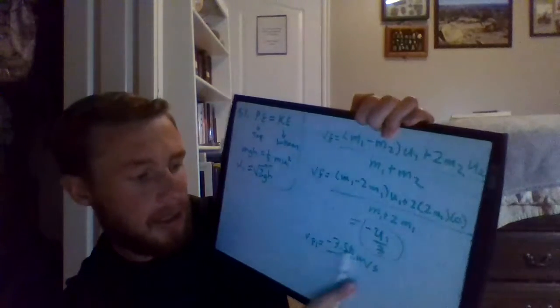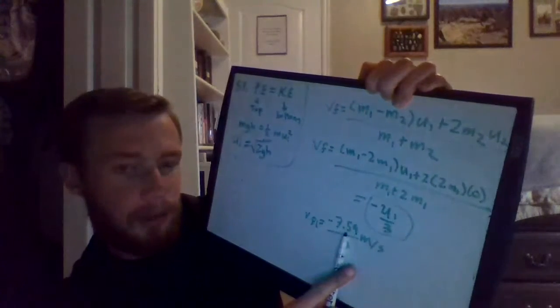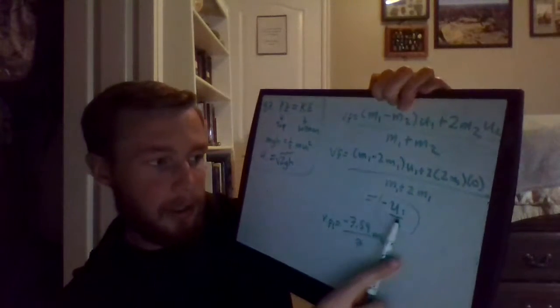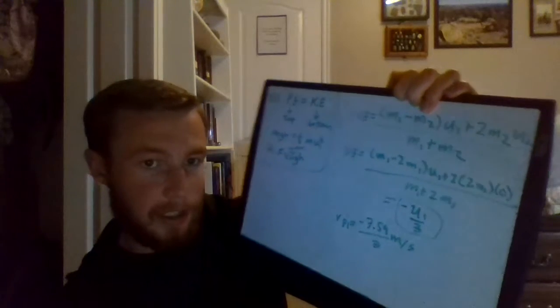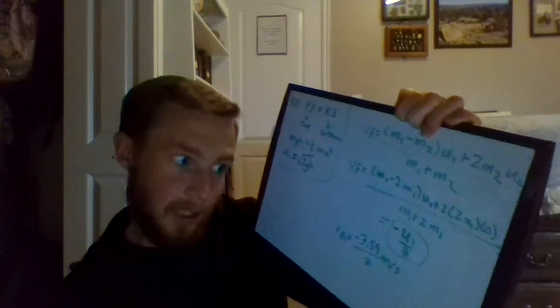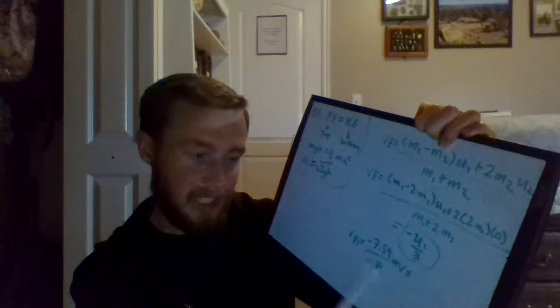So we're going to substitute 7.59 for the velocity of the first to find the final velocity of 1, and then divide that by 3. It's going to give us 2.53.